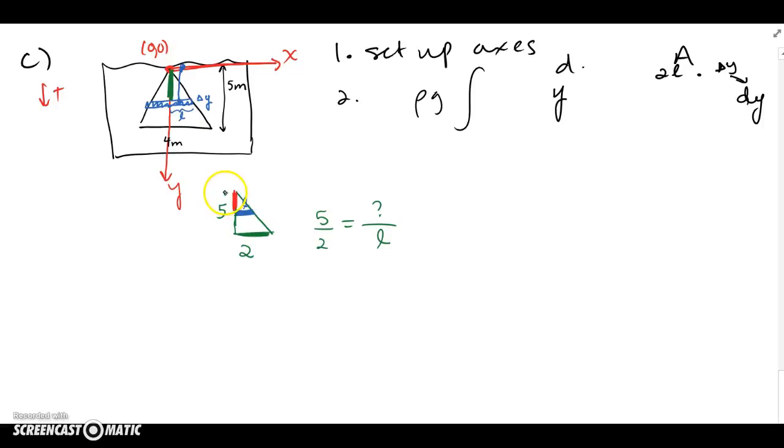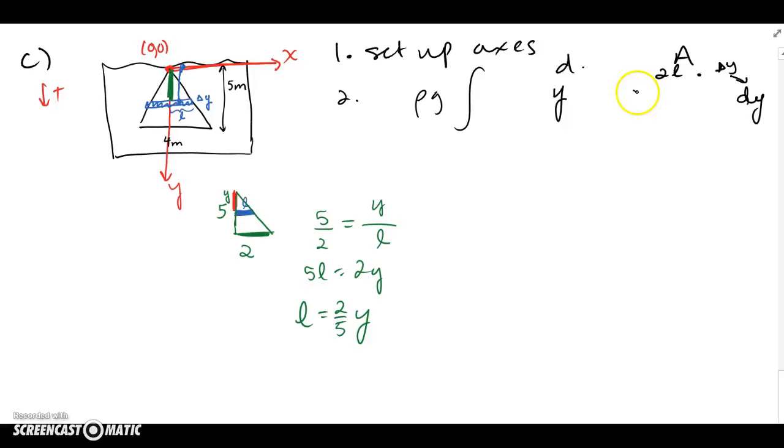So 5 is to 2 as Y is to L. Let's cross multiply and solve for Y, which is going to be 5/2 L. Actually, I don't need Y, I need L, right? So let me solve for L. L is 2/5 Y.